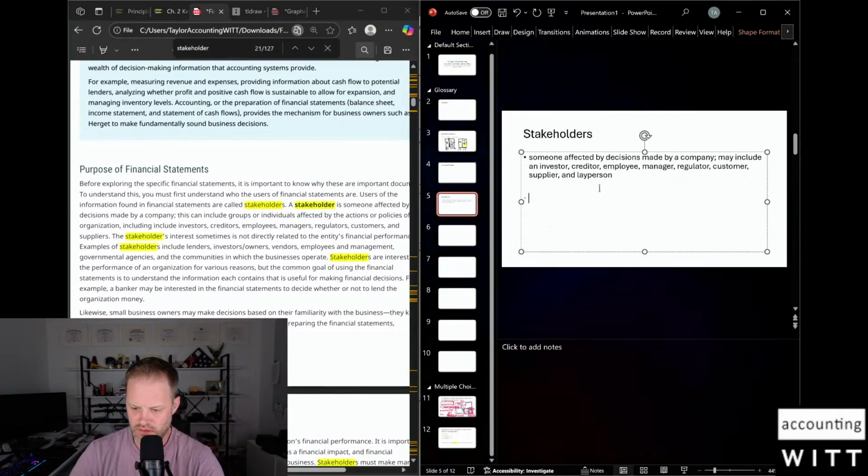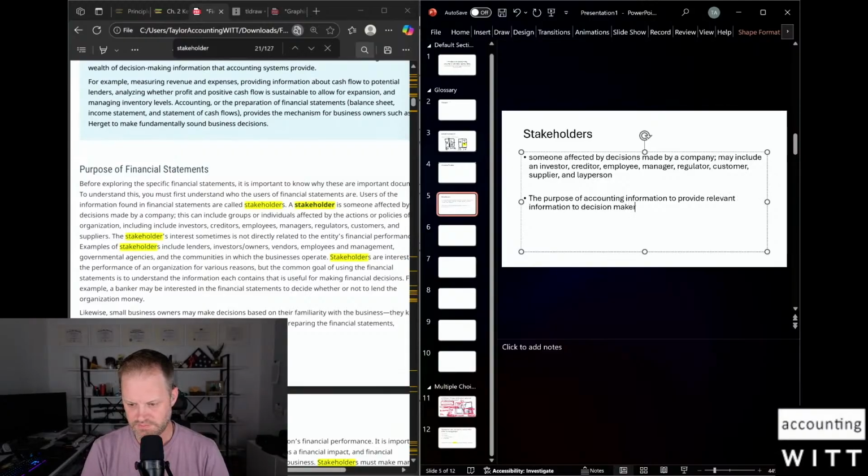So the things to know here are the purpose of accounting information is to provide relevant information to decision makers. So a stakeholder is somebody who's affected by those decisions.